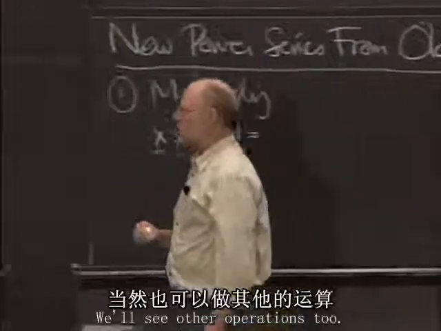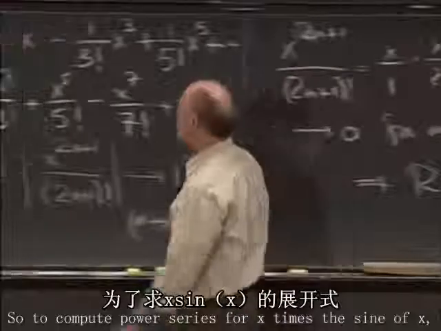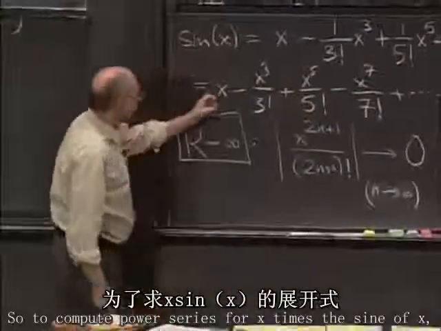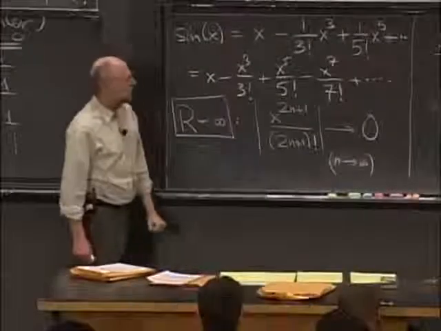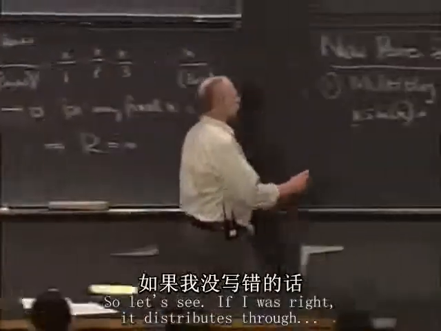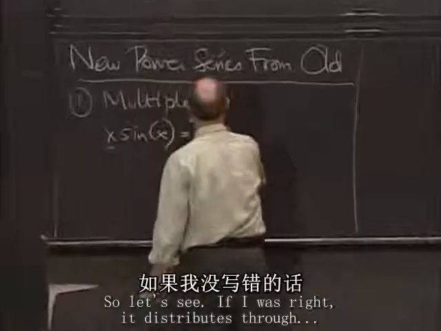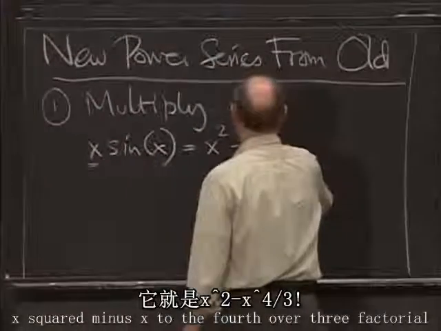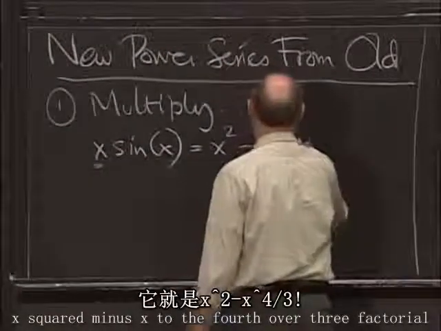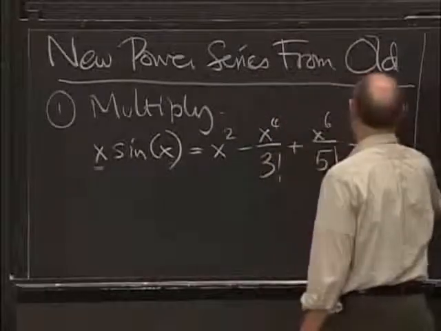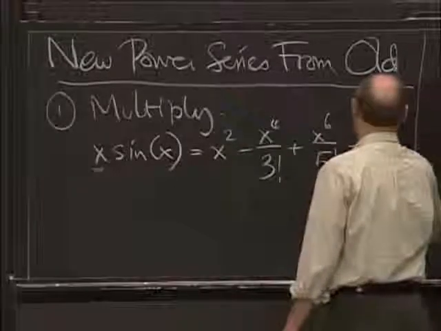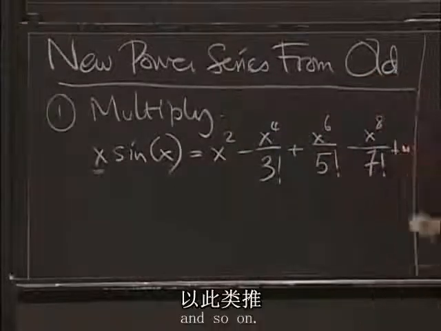We'll see other operations too. So to compute the power series for x times the sine of x, I just take this one and multiply it by x. So let's see if I can do that right. It distributes through: x squared minus x to the 4th over 3 factorial plus x to the 6th over 5 factorial, and so on.